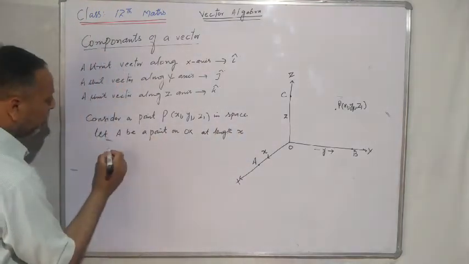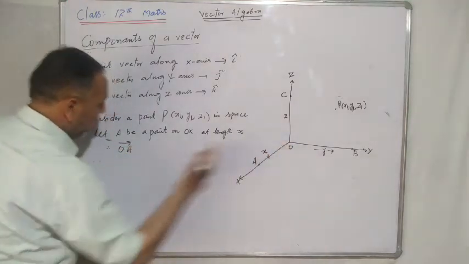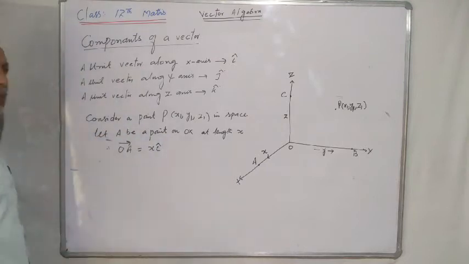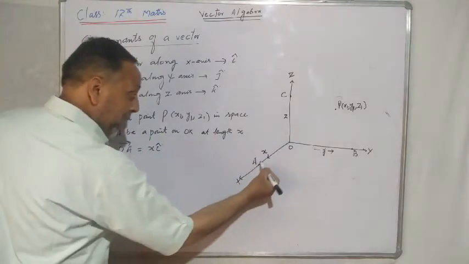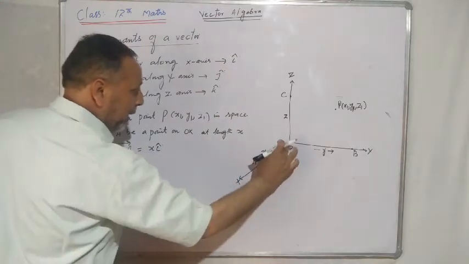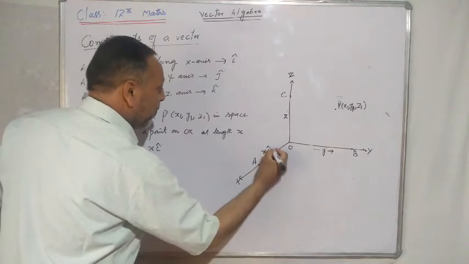So therefore, this vector OA will be equal to xi cap, because the unit vector along OX is i cap. That means the length of this OA will be xi cap.